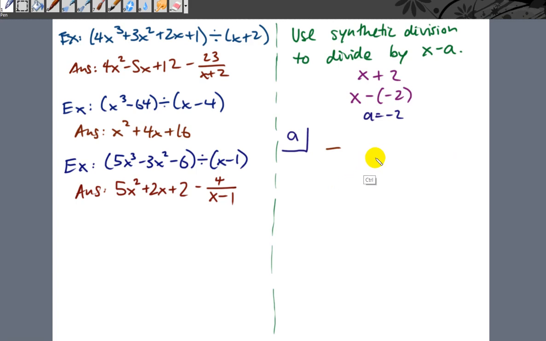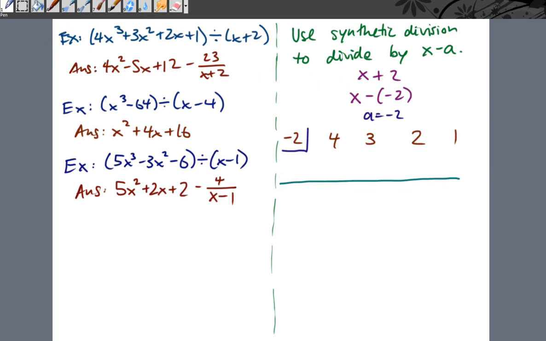So this is going to be a 4, 3, 2, and 1. Again, all we're doing is using the leading coefficients in front of the terms. We identified a already, and that is negative 2.